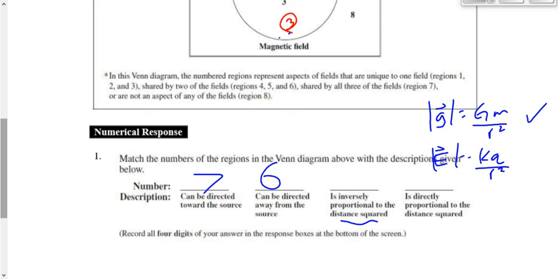Is the electric field inversely proportional to the distance squared? Yes. Straight knowledge from what we've done, right? What about the magnetic field? You don't know the answer to that, right? So what's the strategy that we follow when we haven't learned something?